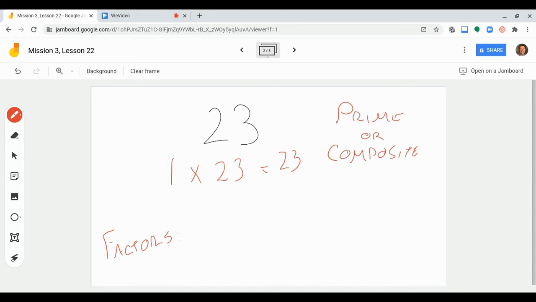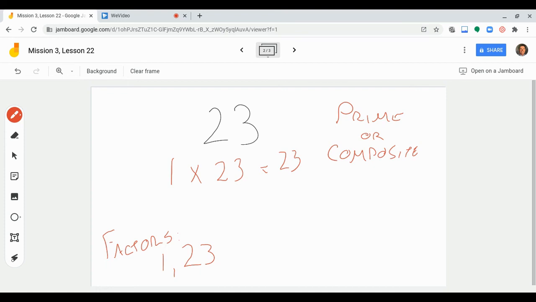You know what, guys? There are no other numbers besides 1 times 23 that I can multiply together to get 23. So my only factors for 23 are 1 and 23.